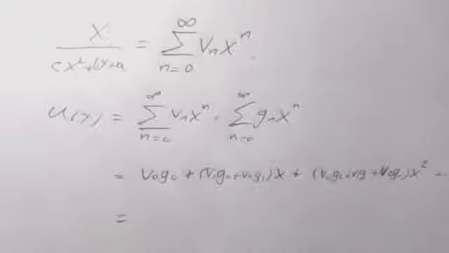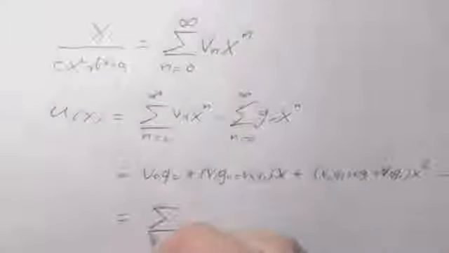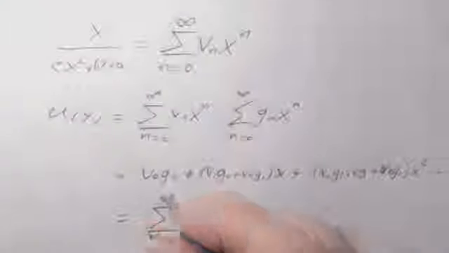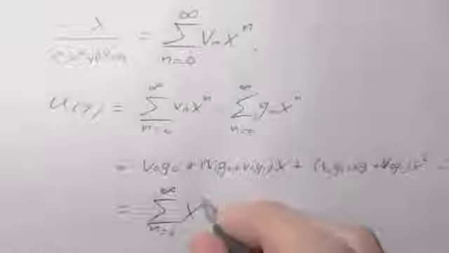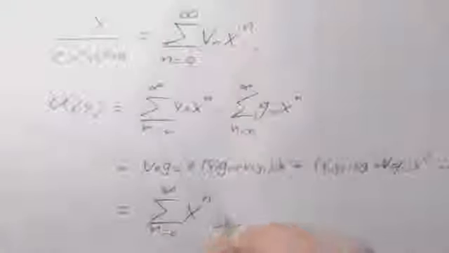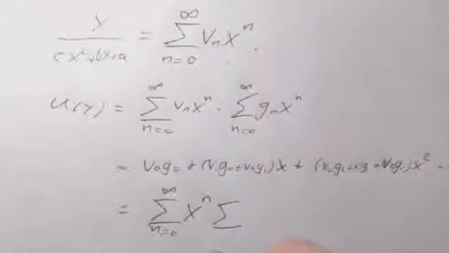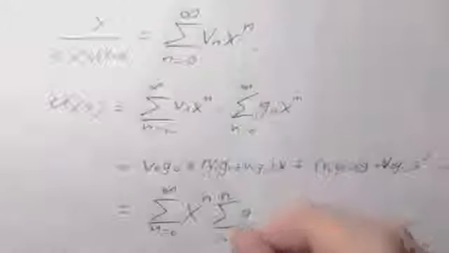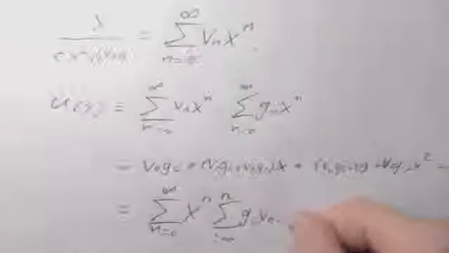And so to sum this up, it's going to look like the sum from n equals 0 to infinity of x to the n, and then you've got the coefficient of x to the n, which is a sum from i equals 0 to n of g_i v_(n minus i).